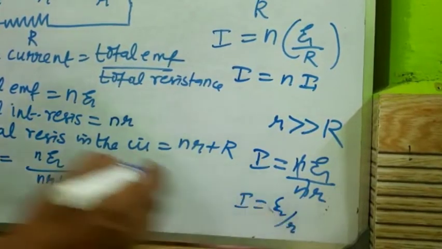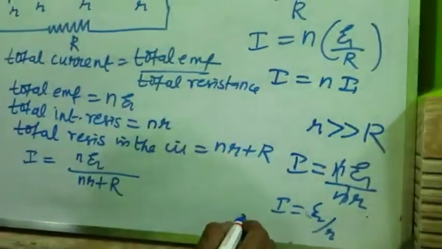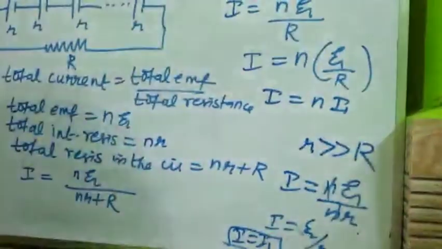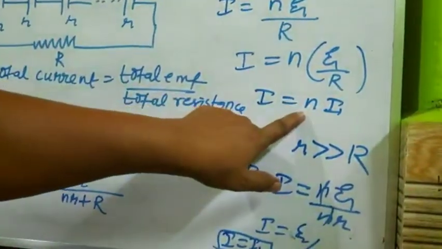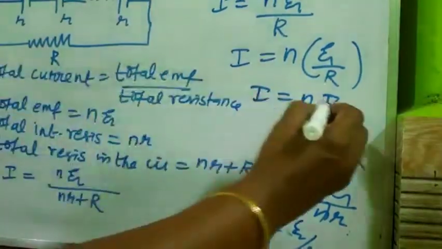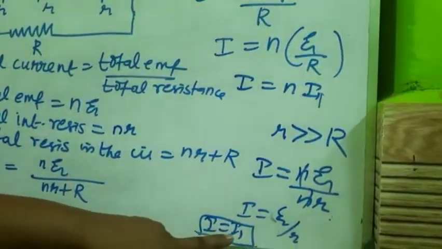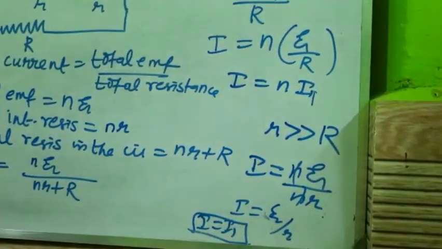You have Xi by r. Xi by r is the current given by one cell. So the total current here is equivalent to the current given by a single cell. In the first case, it is n number of times the current given by a single cell, whereas in the second case, the total current and the current given by a single cell are both the same.